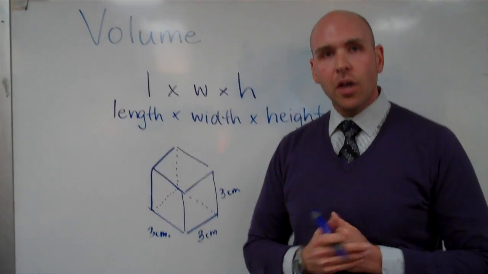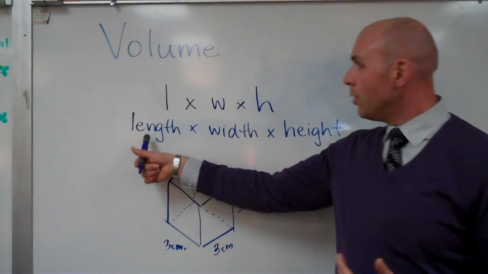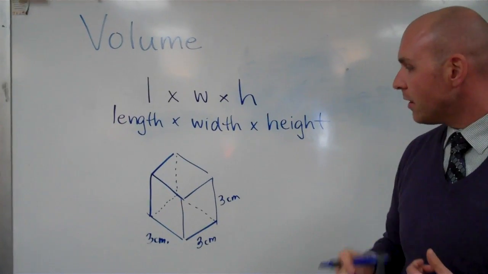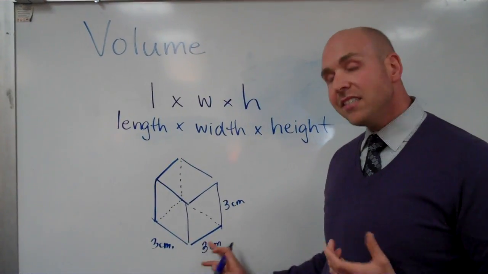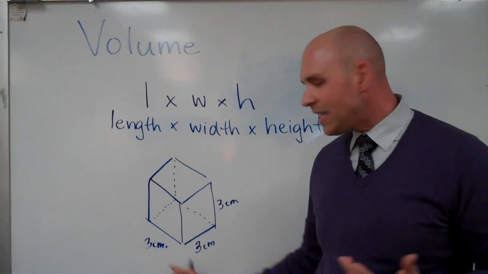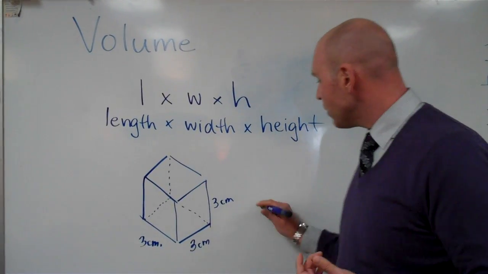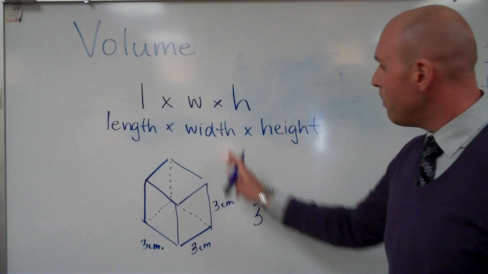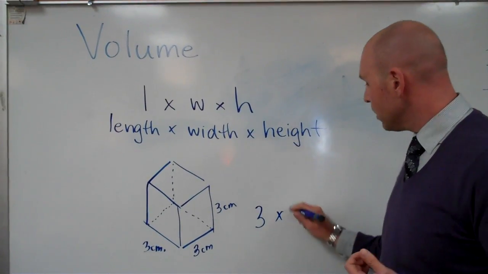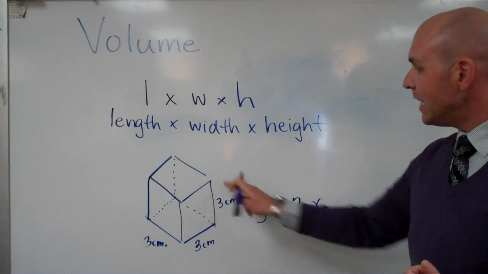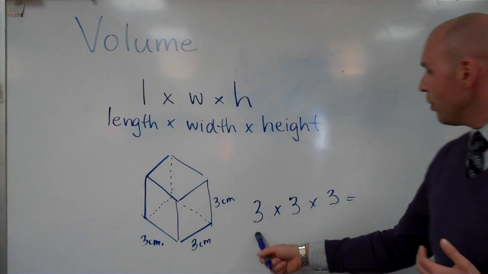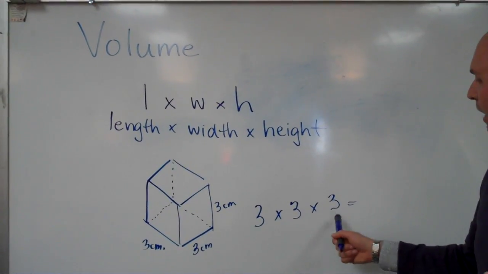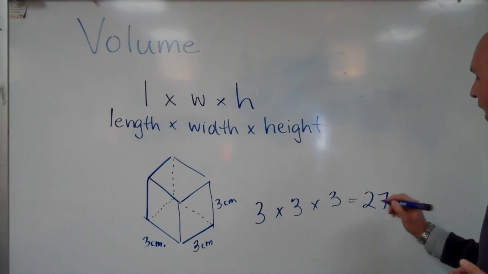So we're going to plug it into length times width times height. First I find the length. In this case it doesn't really matter. I'll pick this one. So it's 3. My width is 3. My height is 3. Now I multiply. 3 times 3 is 9, times 3 is 27.